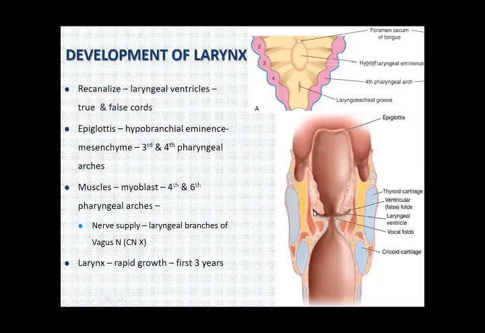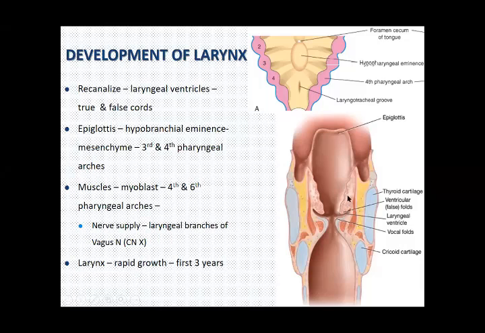This is the vocal fold, the true vocal fold. Once again, this is a mucous membrane covering. In between the false vocal cords and true vocal cords you have a space. This space is called the ventricle of the larynx, the laryngeal ventricle.